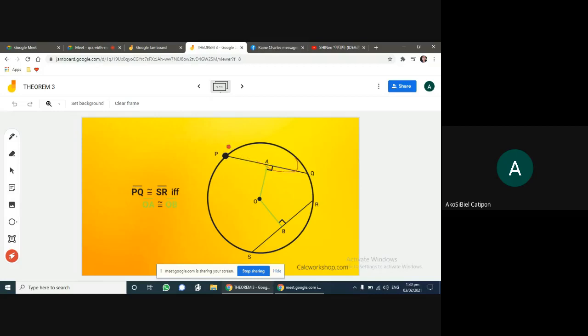Mr. Januel, what do you think is the measurement of this chord? Again, the given is the measurement of PQ is 6, AO is 3, and BO is also 3. Line SR is equal to 6.